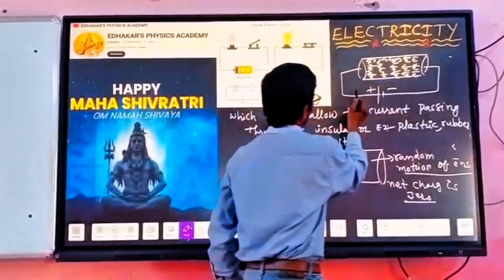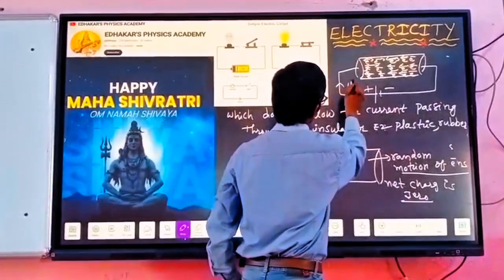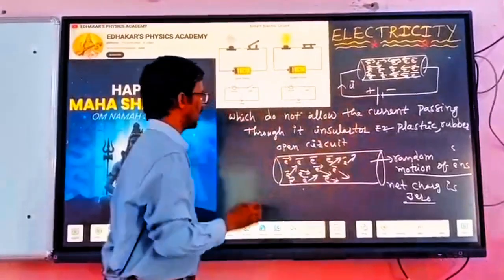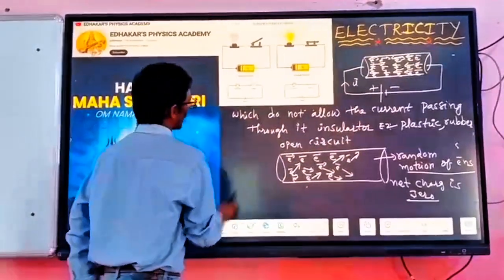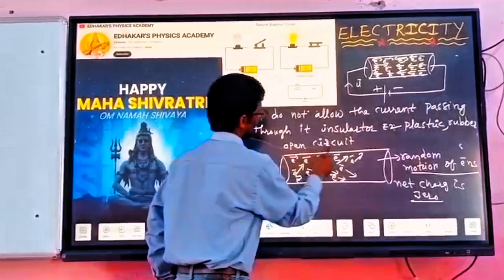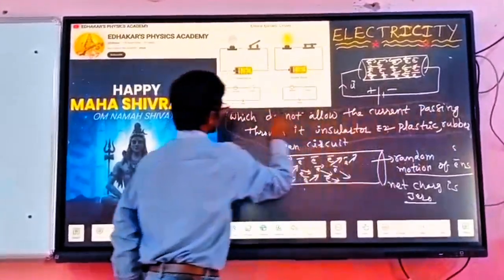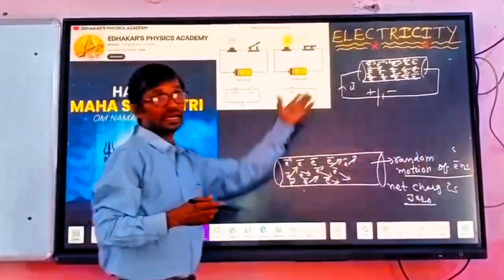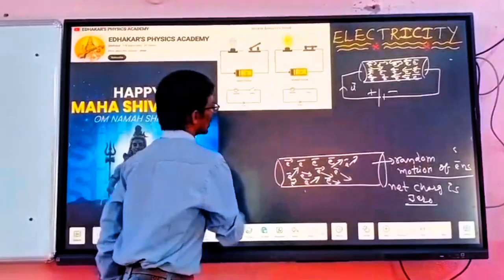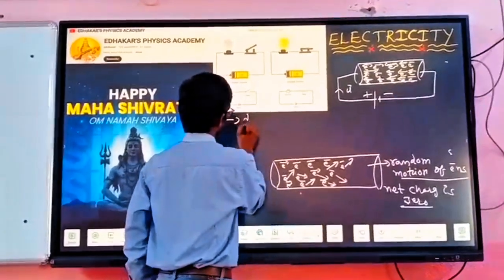But the direction of current is opposite to the motion of the electrons. What is the direction of current?